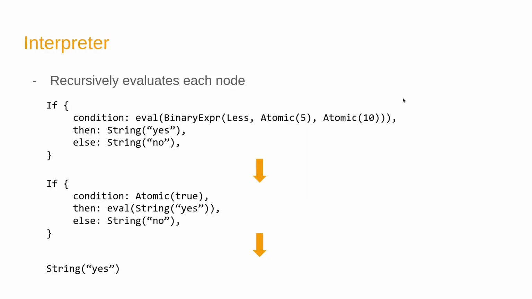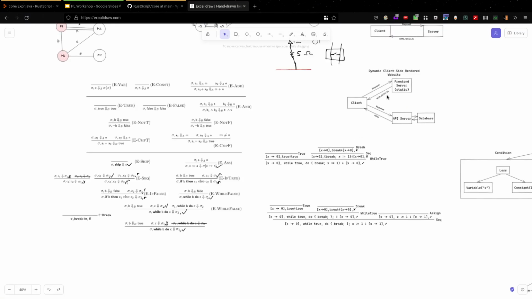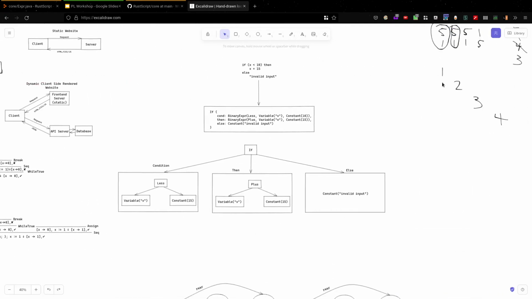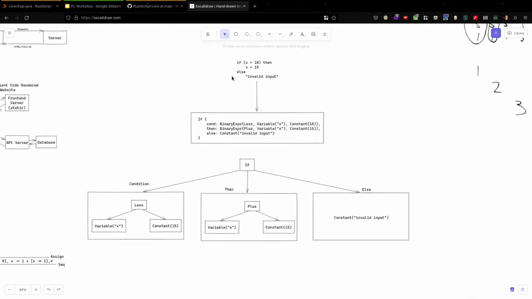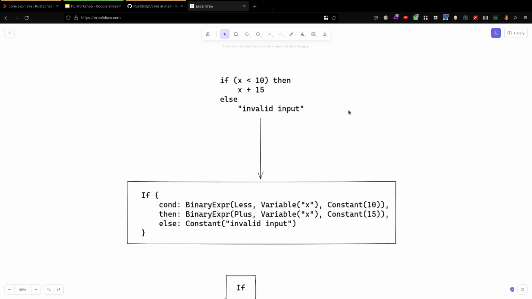All right, so next is the interpreter, which is the most complicated step, and it's the part that we'll glaze over the most in the workshop. But basically, we're just taking our tree and stepping over it. I have a more detailed example here. So we have this basic if expression again.